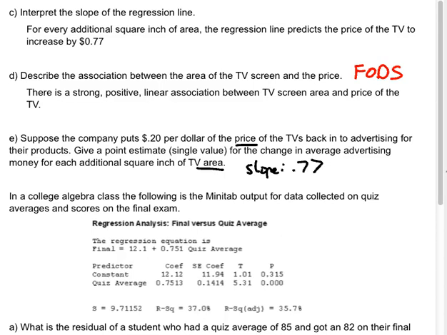And now this is saying 20 cents per dollar of that is going into advertising. So every inch of TV, they get 77 cents. And now of that, they're putting 20 cents into advertising.